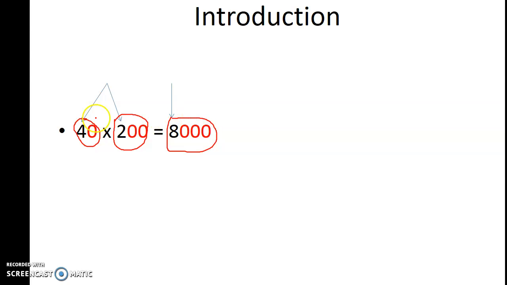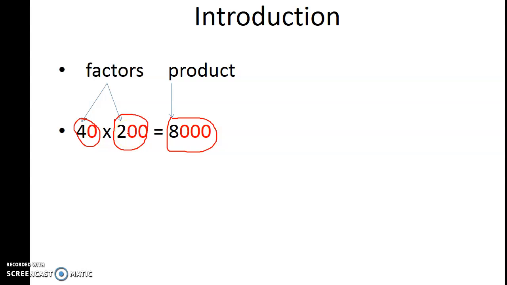The first two numbers that we are multiplying together, we name them factors, whereas the answer, we name it a product. Now, how do we multiply 40 by 200?